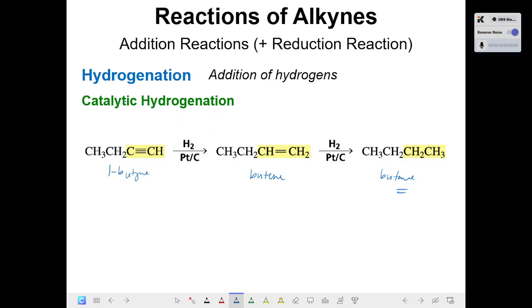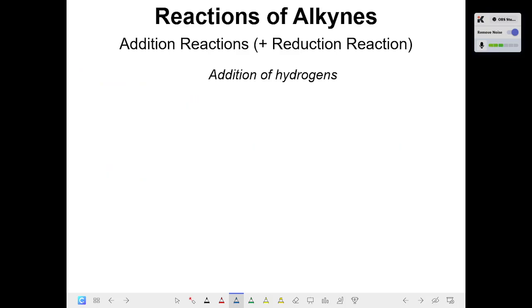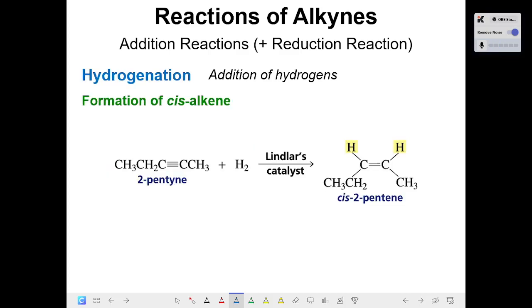Kasi bakit siya catalytic hydrogenation? The platinum on carbon serves as your catalyst. So, it will speed up the reaction. Now, for the other one, yung ating may Lindlar catalyst. So, yung Lindlar catalyst natin, yung may palladium, this is palladium on calcium carbonate, it will result to the formation of your cis alkene.